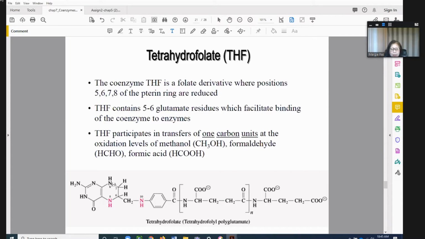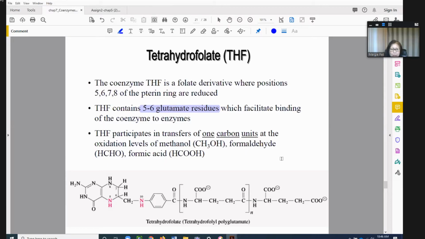So this is a good way to recognize THF, this coenzyme. Also, to recognize this coenzyme, look at the THF containing glutamate. It can contain, it says here N, but it can contain 5 to 6 glutamate residues, which will facilitate binding of the coenzyme to enzymes.